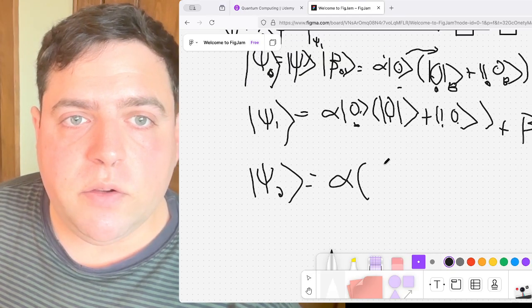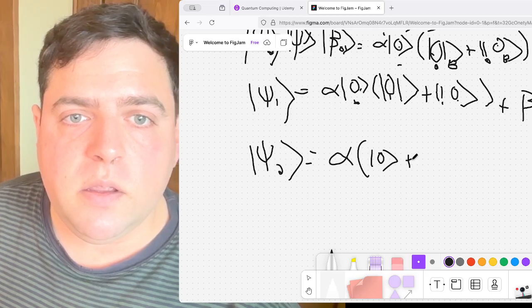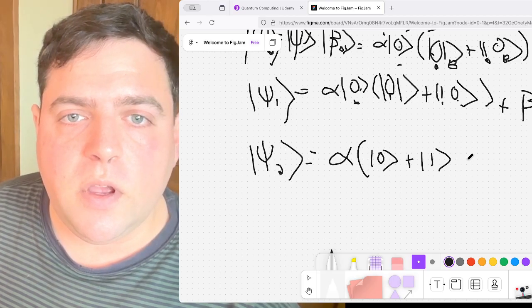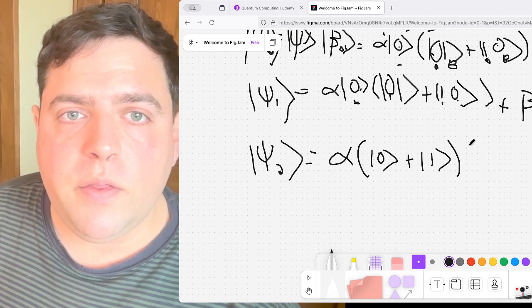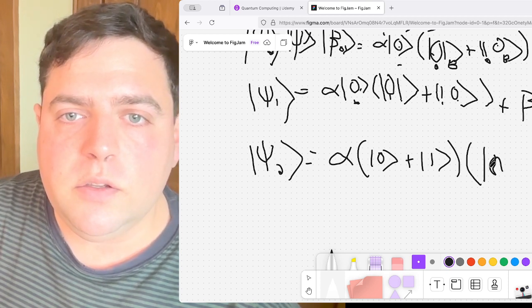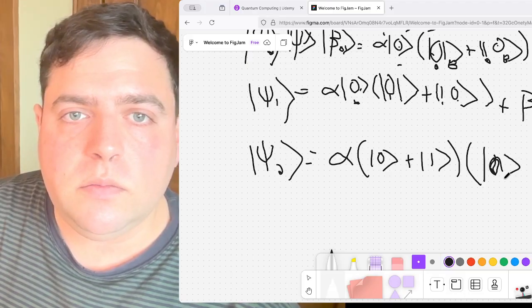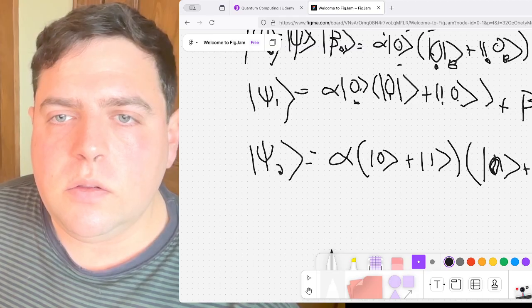What does a Hadamard gate do to a 0 bit? It does this. It turns it into this, halfway in between a flip, with a 1 over square root of 2, right? And then the rest is left alone.